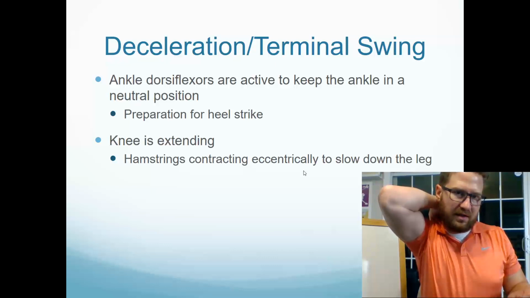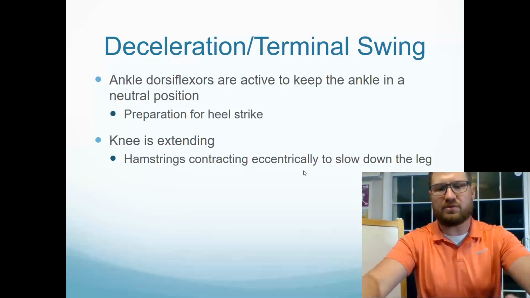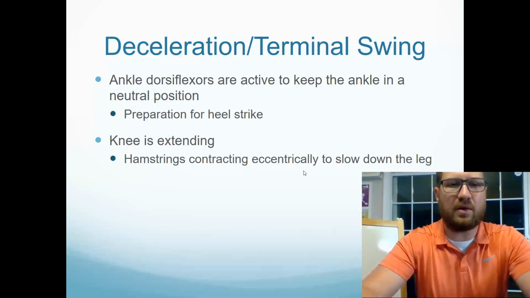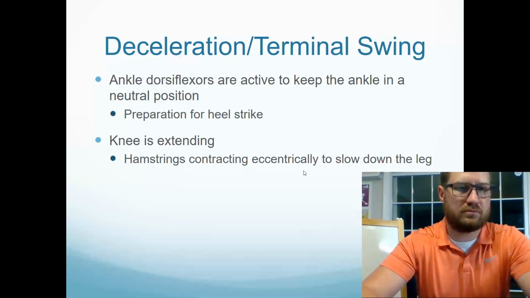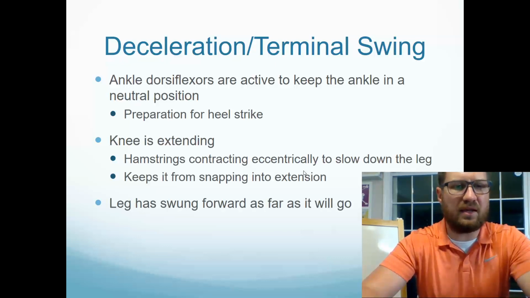Because we can passively extend that knee, but without hamstrings, there's no way to slow it down. That eccentric contraction of the hamstrings keeps the knee from snapping into hyperextension.